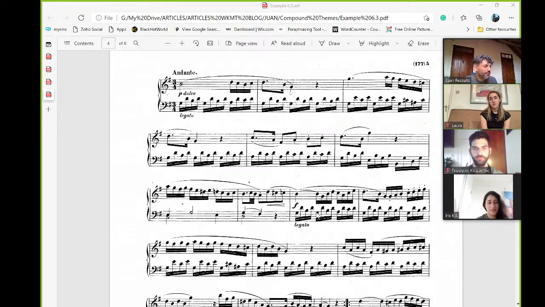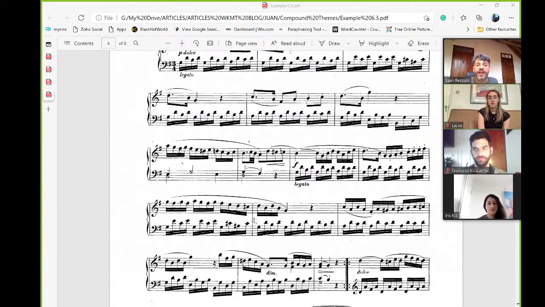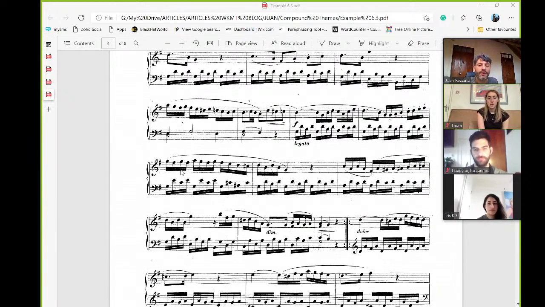Okay, good. So does that varied return keep the same harmonic layout or not? Exactly the same. Very good.